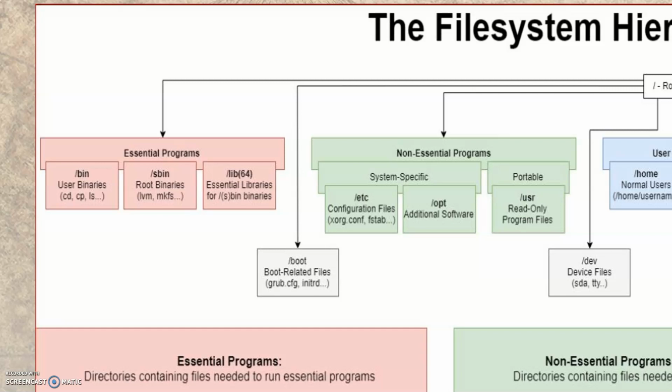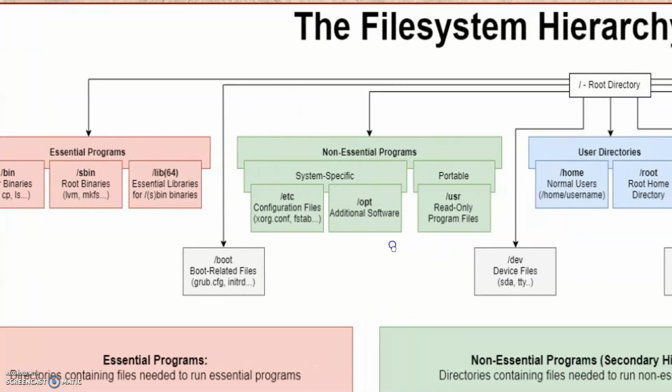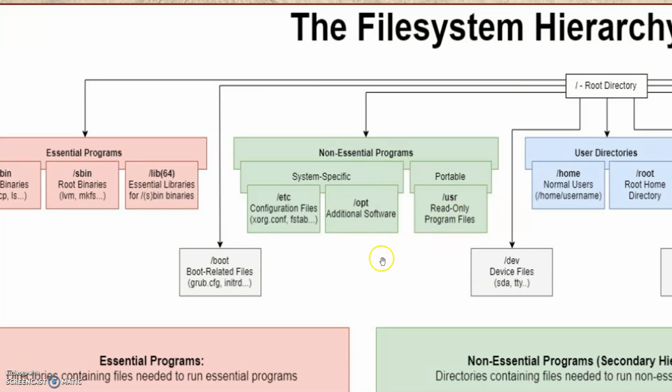Suppose you create a user, it is going to go into the passwd file under the etc folder, and similarly if you create a group, it will be under etc group, and so on. So though it is called non-essential, it might still be required.